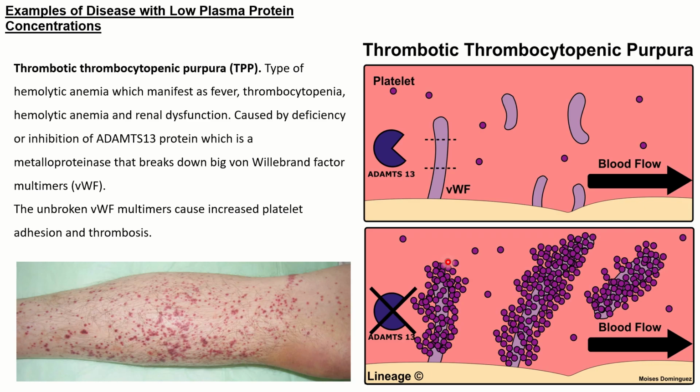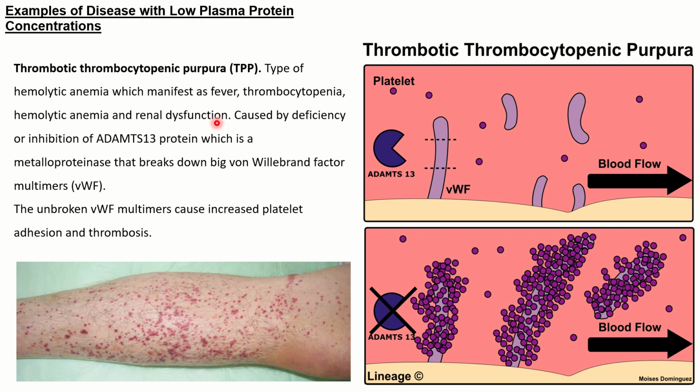right? So what are some examples of diseases with low plasma protein concentration? The first one I have here is thrombotic thrombocytopenic purpura, which is a type of hemolytic anemia where we have red blood cell destruction, and this will manifest as fevers, and also we have renal dysfunction, right?